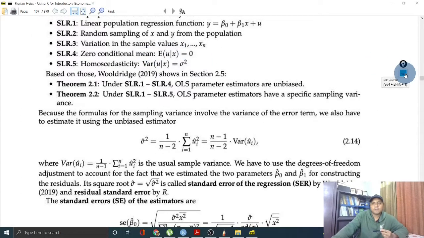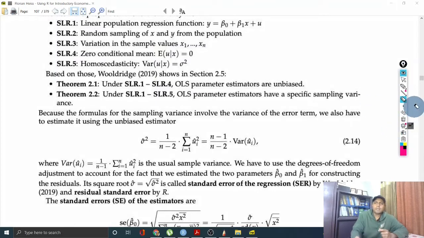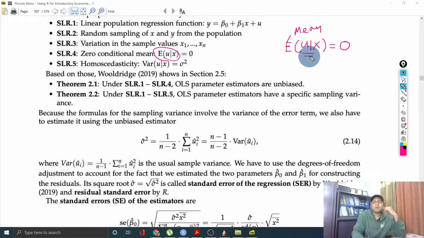If we look at the equation here, the expected value, or you can say mean, of the error term given the regressor is supposed to be 0. This means that they are not correlated; the mean should be independent.